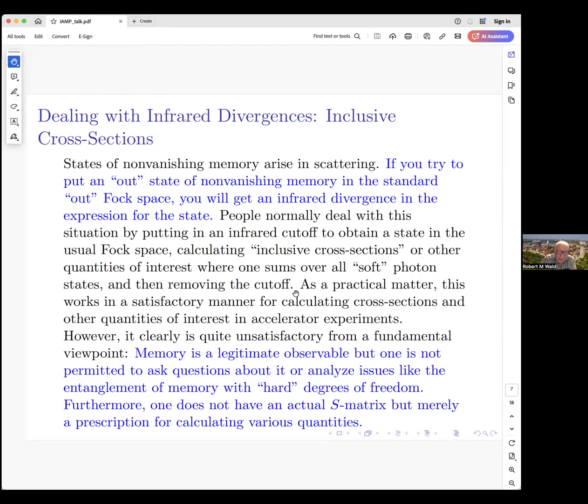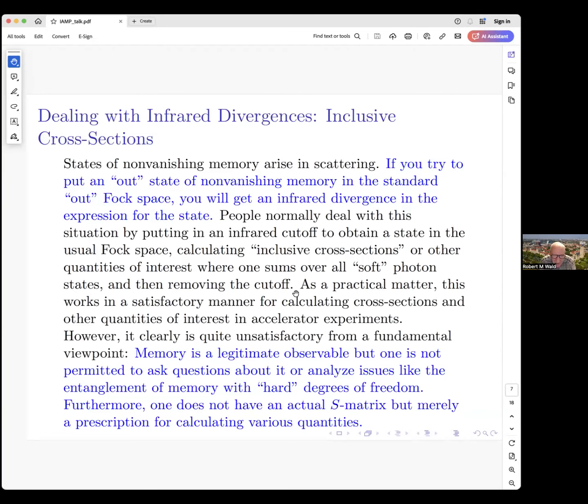First of all, memory is a completely legitimate observable. People make statements of, oh, you can't observe photons that have such low frequencies. Well, I'm sure you can't observe them with a photodetector, but you could observe them with a charged test particle that will get a momentum kick.